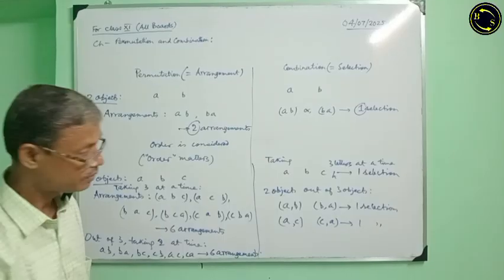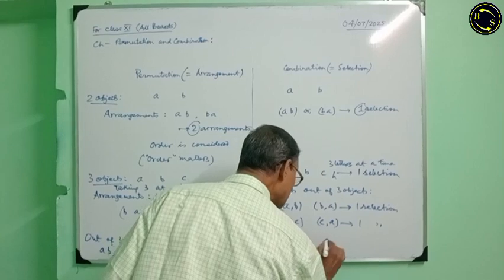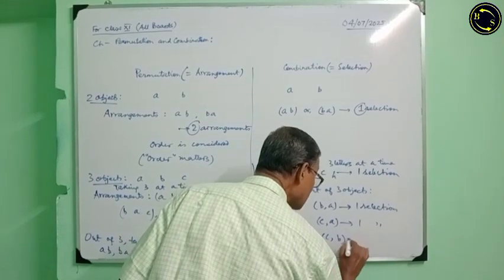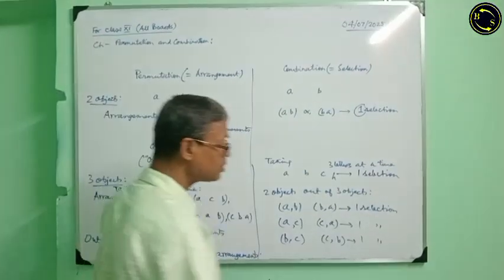Order does not matter. Then BC, CB, one selection. Then totally how many selections?